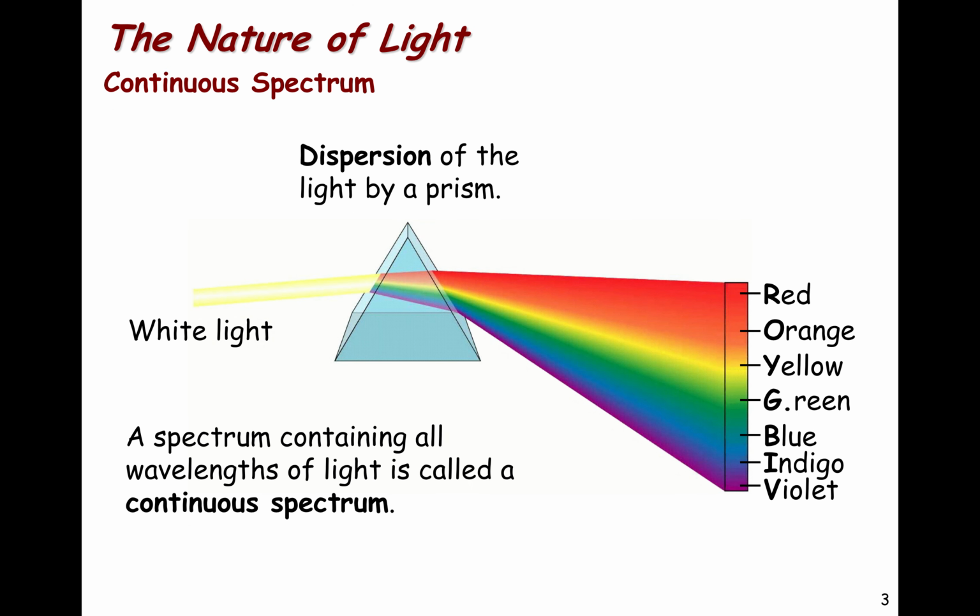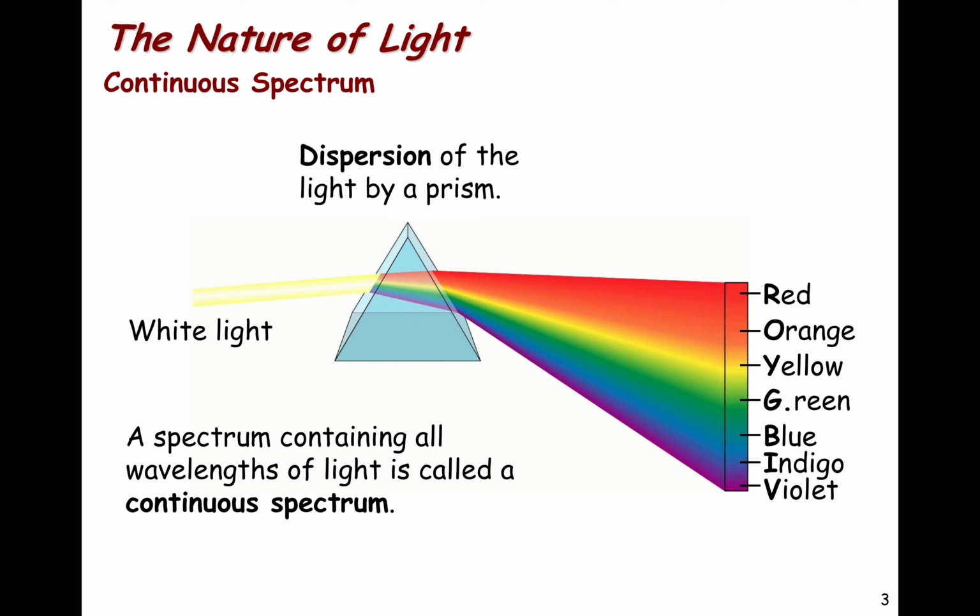It turns out that one of the really important contributions that Isaac Newton made to the field of science was the fact that he was able to pass white light through a prism and found that the white light turned into a rainbow.